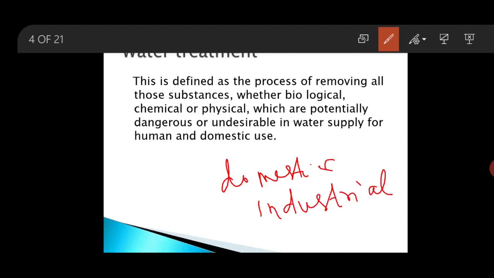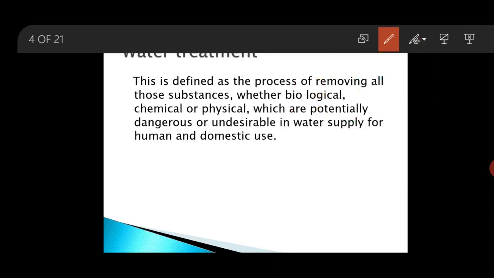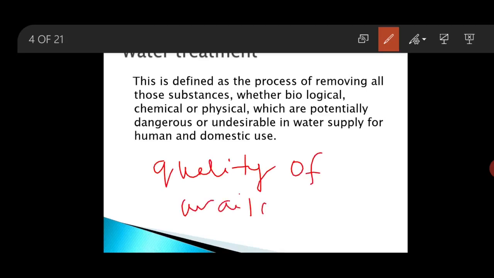And the extent of treatment required for a particular water will depend upon the quality and characteristics of the available water.